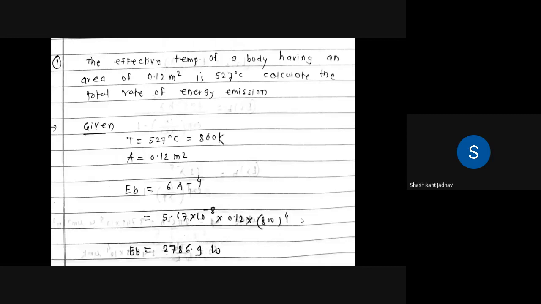The effective temperature of a body having an area of 0.12 meter square is 527 degrees Celsius.